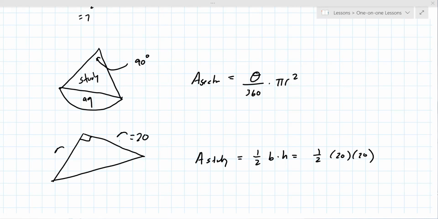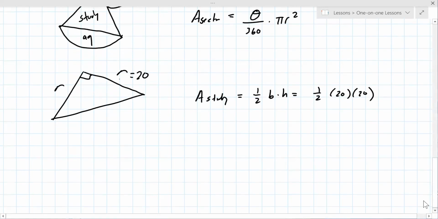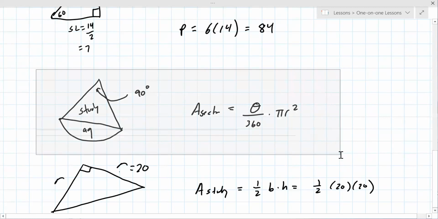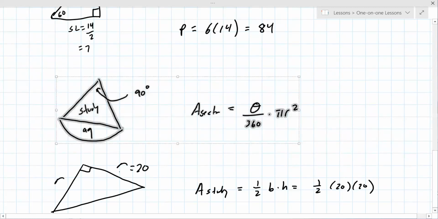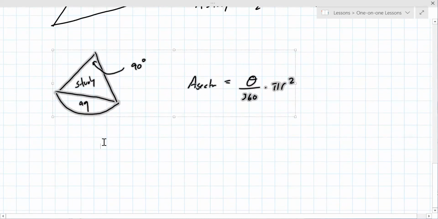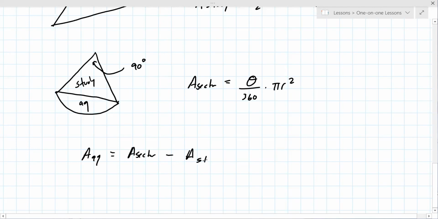All right. So we'll put a little bit more effort into some work down here. Let me slide a few of these things down. So the area of the aquarium equals the area of the sector minus the area of the study, which is angle out of 360 times pi r squared minus 1/2 base times height.